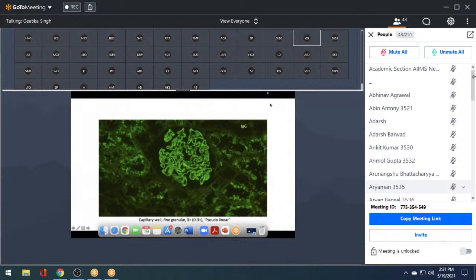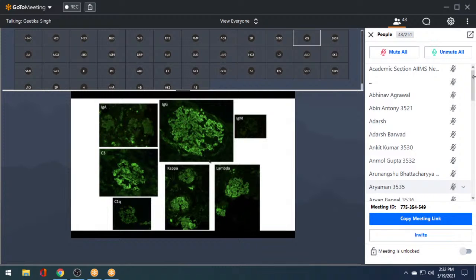When you go into the EM, there'll be irregularly placed subepithelial humps, right? One large hump, then there'll be nothing for a long time on the loop. Whereas in membranous, everything will be regularly placed, and Dr. Adarsh will go into details on this in your case study. Okay, so now it's easy to remember all the important conditions which have IgG in them, right?